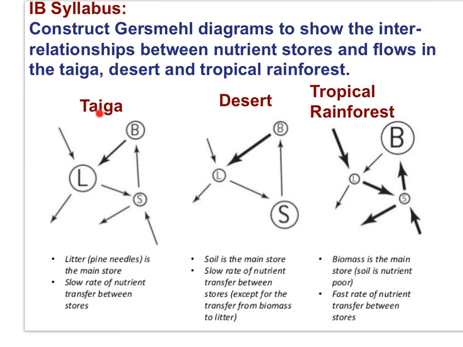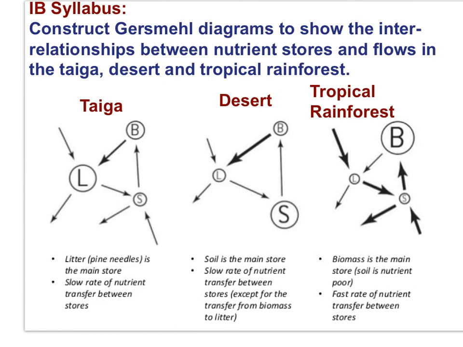In the taiga biome, the litter nutrient storage is the largest storage, with conifer needles making up the large proportion of organic matter as litter. Nutrient cycling is generally slow due to the cold temperatures. In the desert biome, the soil nutrient storage is the largest.